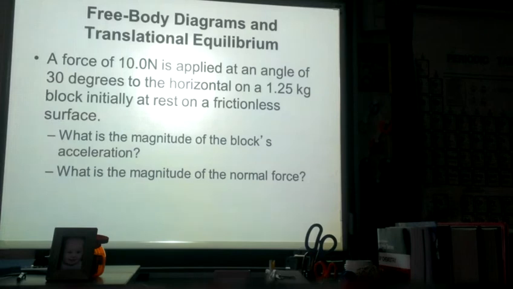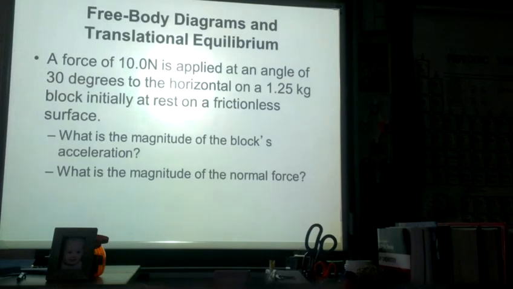This first one says, a force of 10 newtons is applied at an angle of 30 degrees to the horizontal on a 1.25 kilogram block, initially at rest on a frictionless surface. And I'm asked two different things here. First of all, what is the magnitude of the block's acceleration?